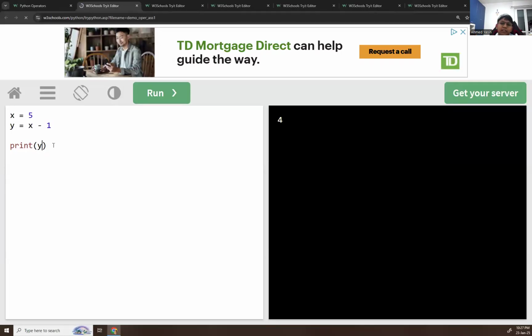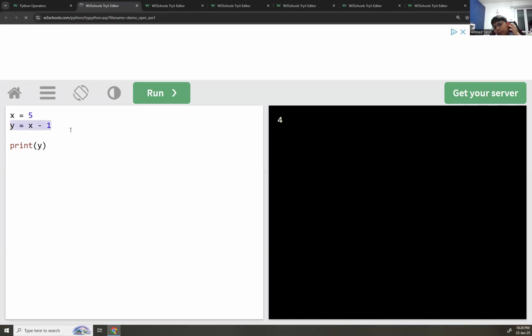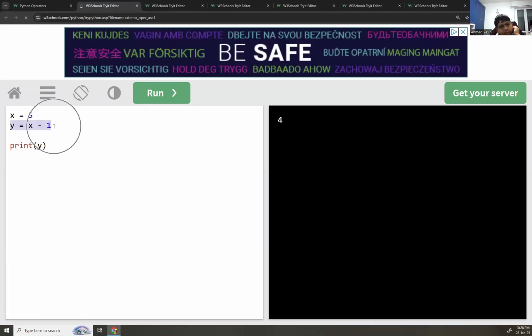So what is the value of y? It's going to become 4 again, because x is still 5, x minus 1 is 4, and 4 will be assigned to y and we are printing y. So it will be again 4, okay?